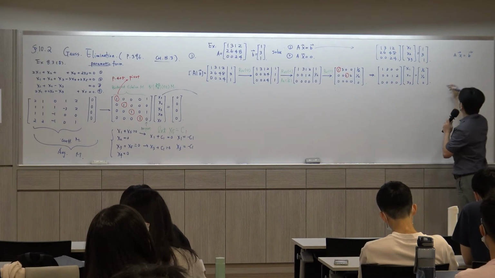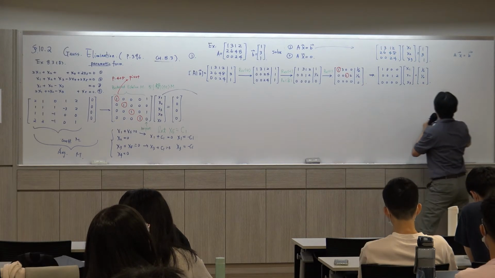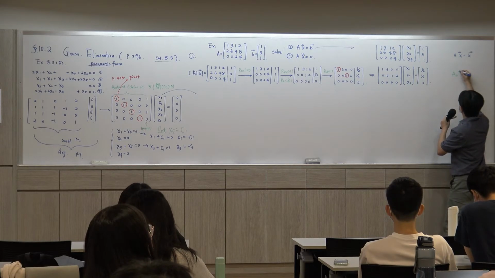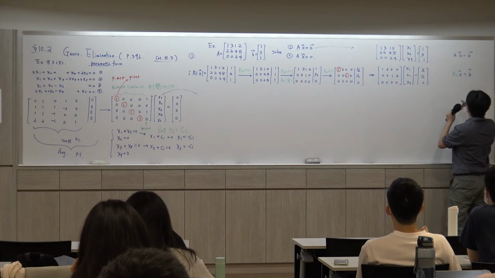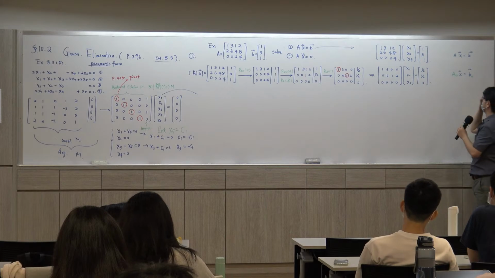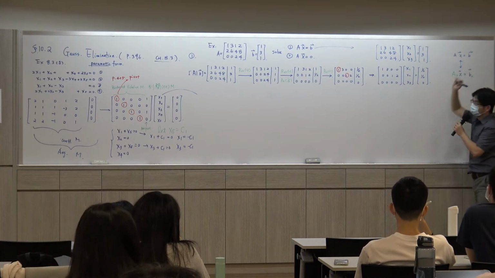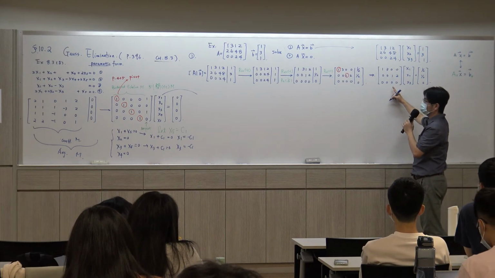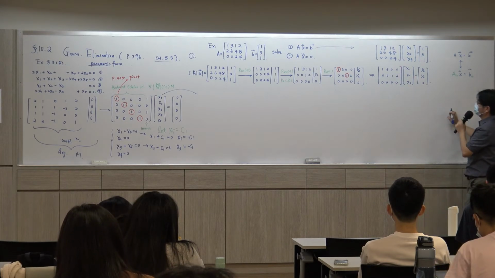And what is this? It's a reduced echelon. And the solution is that. That's the reason we would like to use a row operation to get the reduced echelon here.